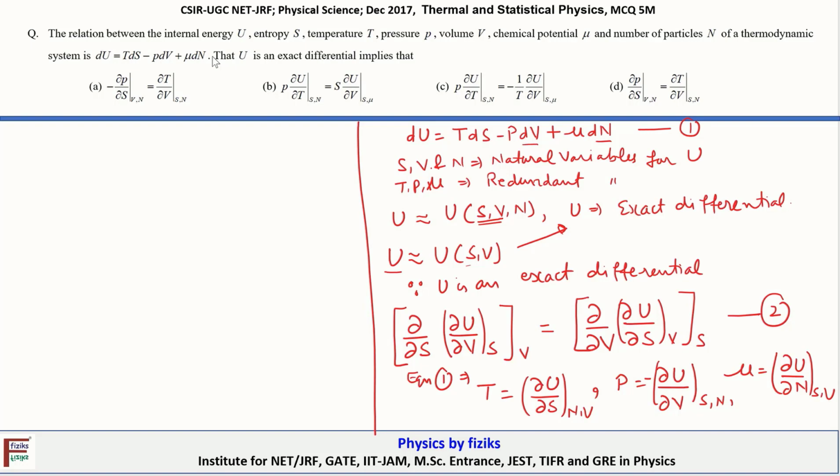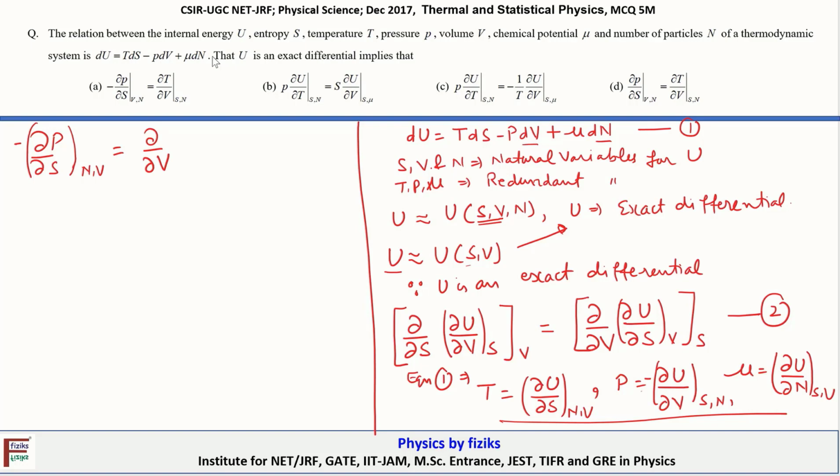Now here, because we need dU by dV, dU by dV is given by this expression, minus P. So these three results together with equation 2 give us curly S of dU by dV at constant S, so dU by dV, that's minus P basically. That means minus dP by dS, keeping the other two variables constant, that is N and V, will be equal to curly V of dU by dS.